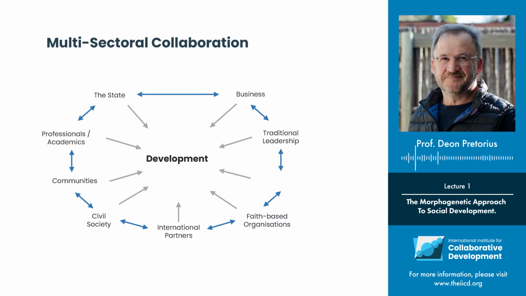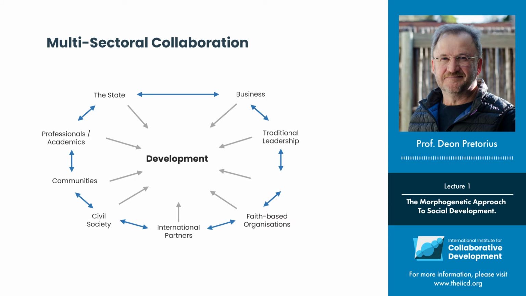So the state, business, labor, faith-based organizations, international partners, communities or civil society, professionals and academics all have a contribution to make. But the important point is that none of these have all the answers. None of them have, on their own, sufficient capacity to address the development challenges of South Africa. And the collaborative approach says that in order to overcome that limitation, they need to learn to work together with one another.